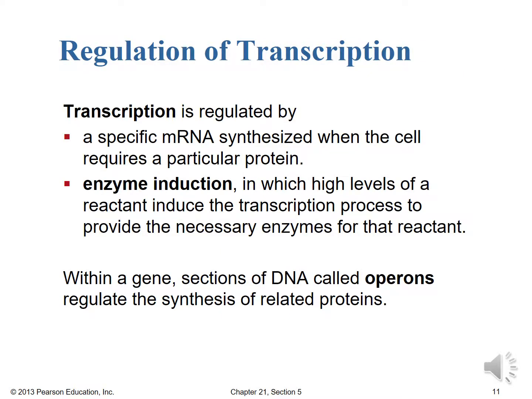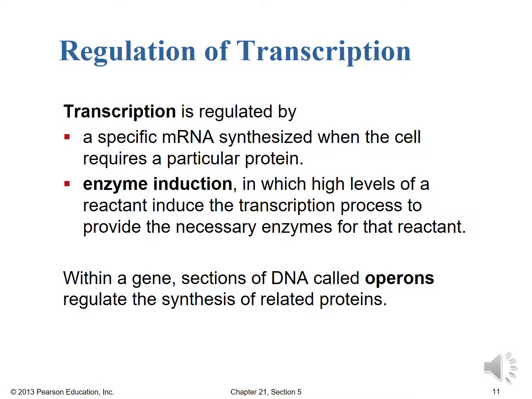Now with transcription ultimately resulting in protein formation, we need to have some regulation. So the transcription process is regulated by a specific mRNA synthesized when the cell requires a particular protein. So enzyme induction, for instance, where a high level of a reactant induces the transcription process to provide the necessary enzymes for that reactant. So it's similar to when we talked about our enzymes and the regulation of enzymes.